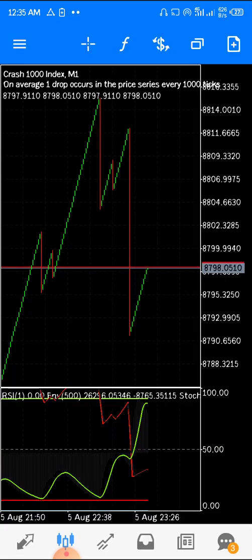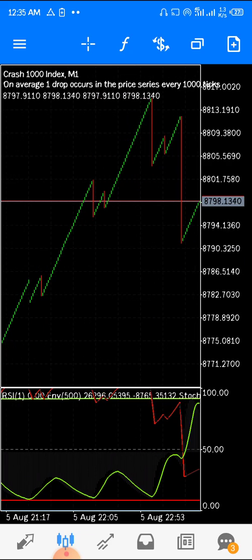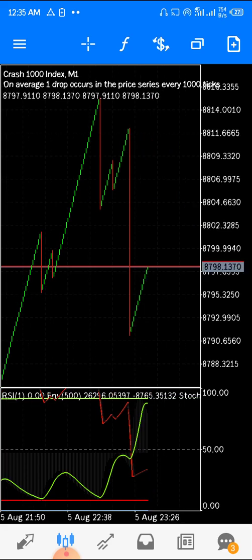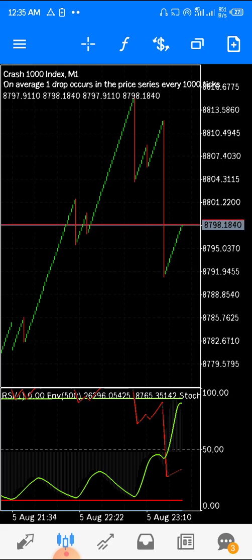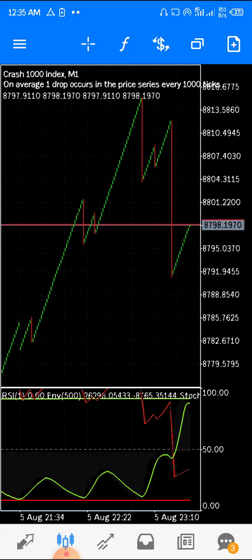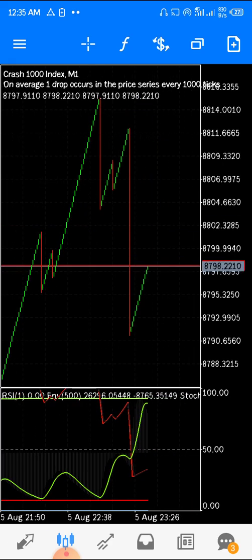Now guys, this is how this indicator works. In my last two videos, I posted on how you can actually use this indicator to scalp for 3 to 5 candles. And if you actually followed the instructions I gave, you should have been milking the market.